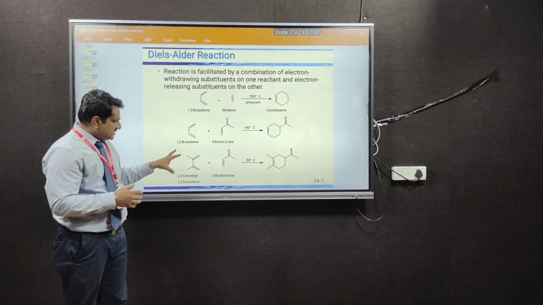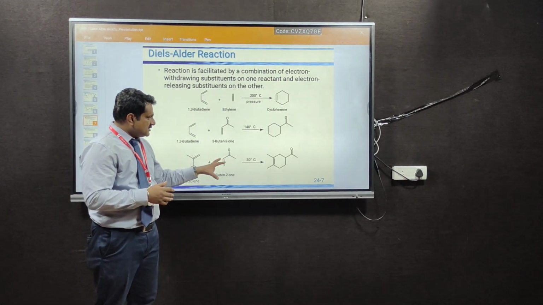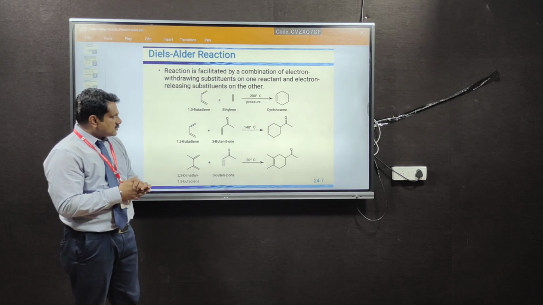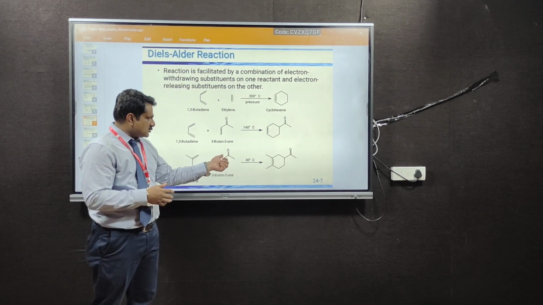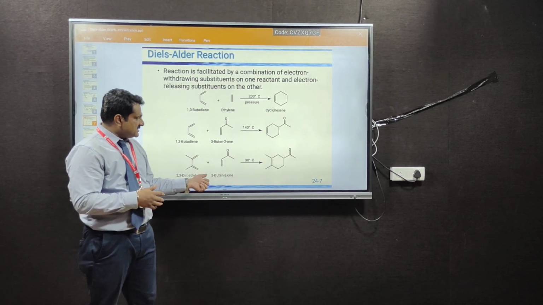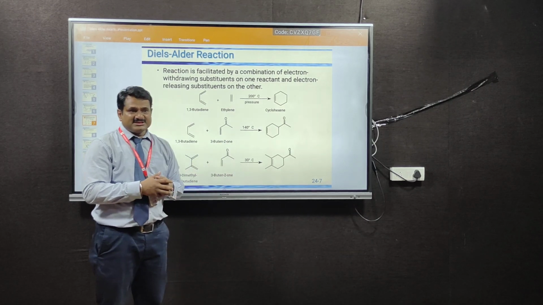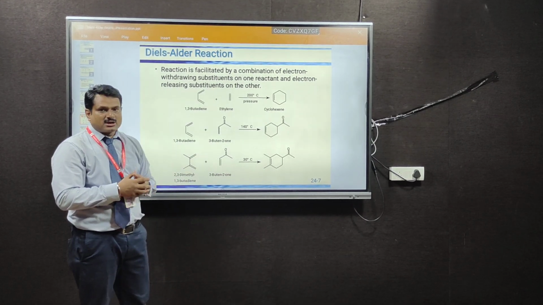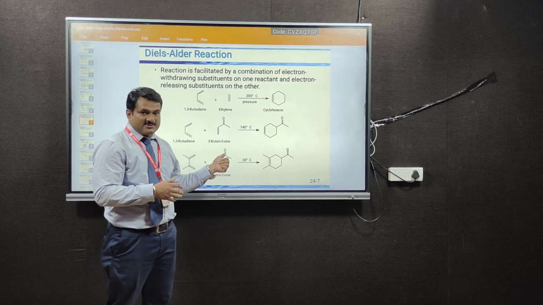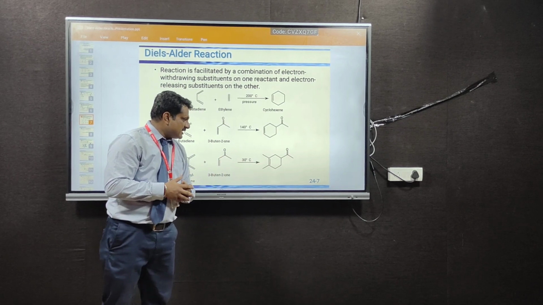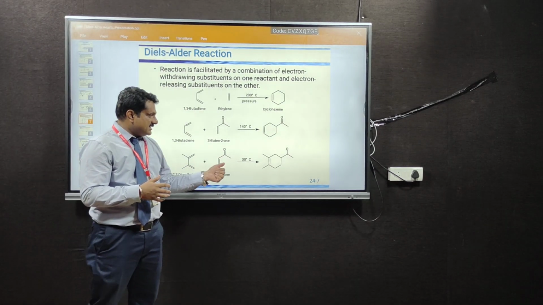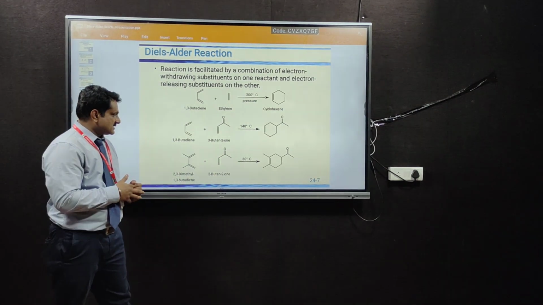Here we have 2 methyl groups, and here we have an electron withdrawing group, a ketone, and that enhances the speed of the reaction, so the reaction is facilitated and we get the product within a 30-degree temperature.